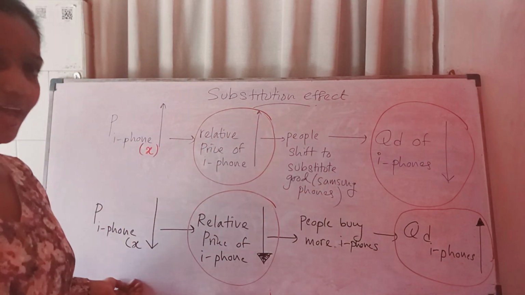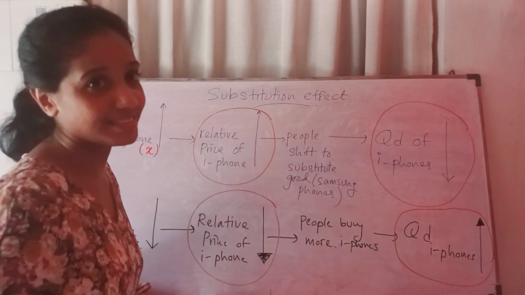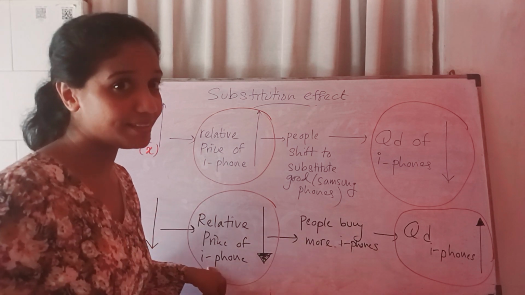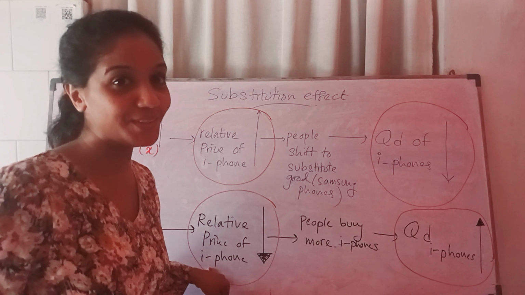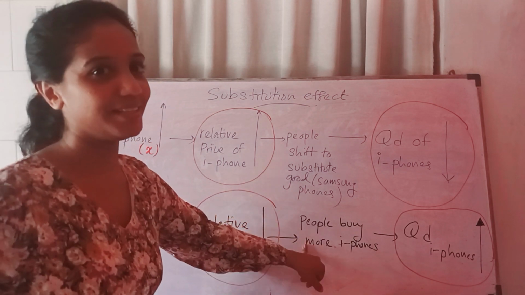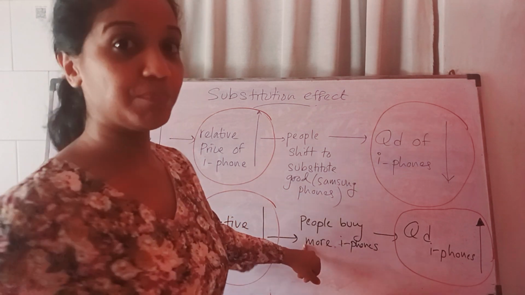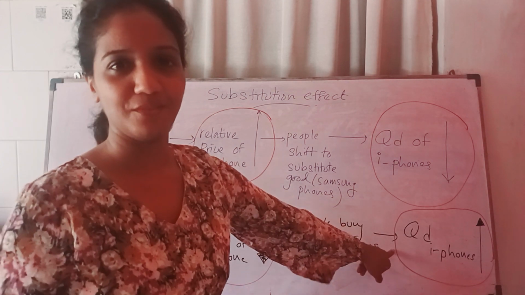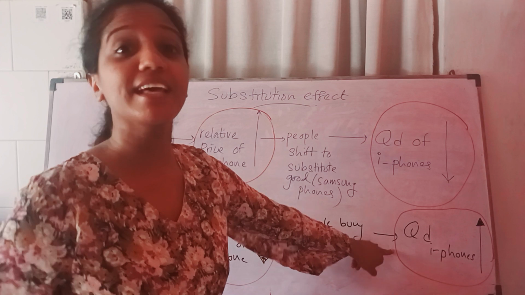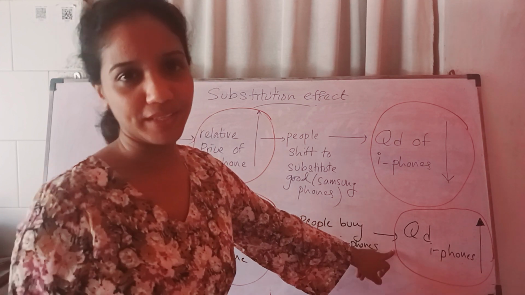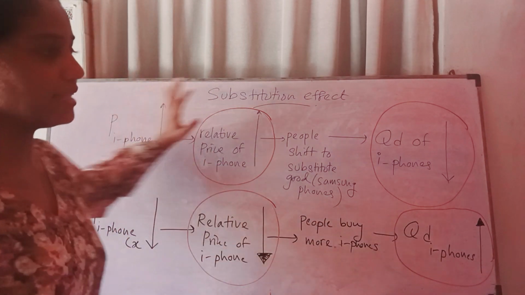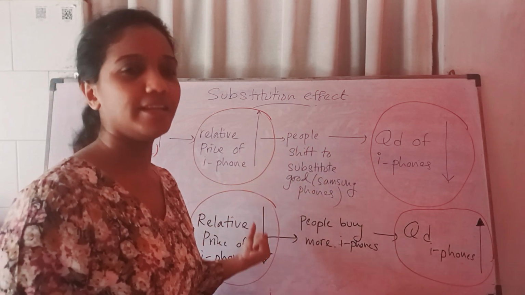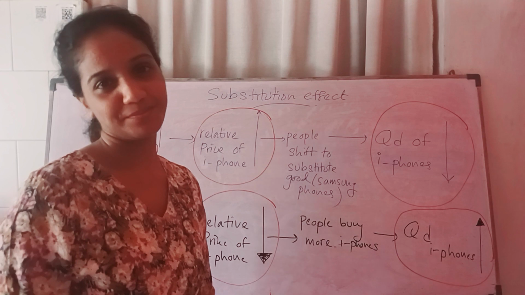On the other hand, when the price of the concerned good reduces, it becomes cheaper than the price of the substitute good. Then people tend to buy more and more iPhones. Then what happens to its quantity demanded? Quantity demanded increases. So here you can see it has a negative substitution effect for a normal good.